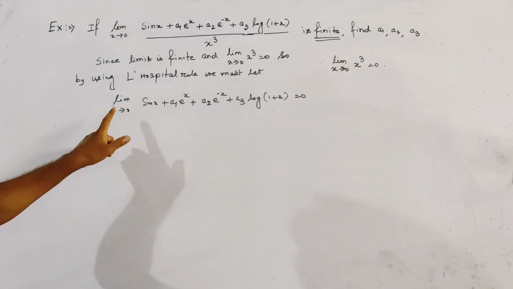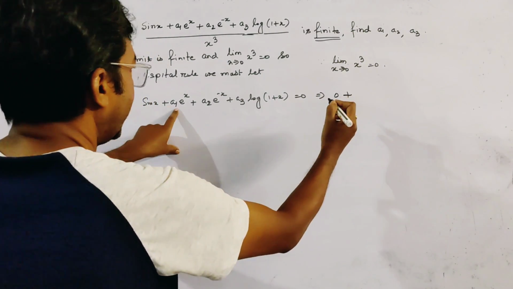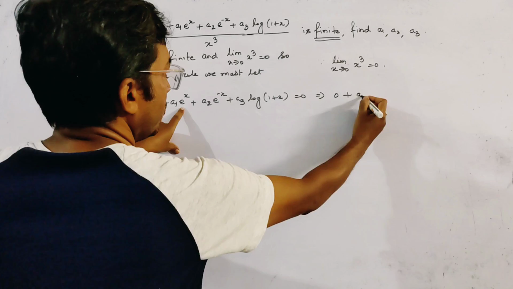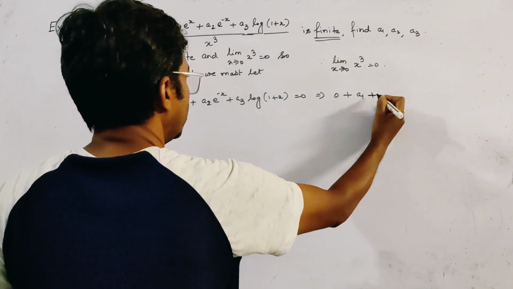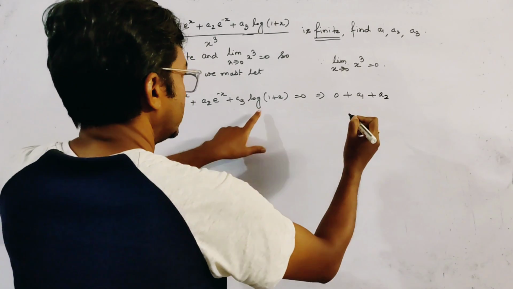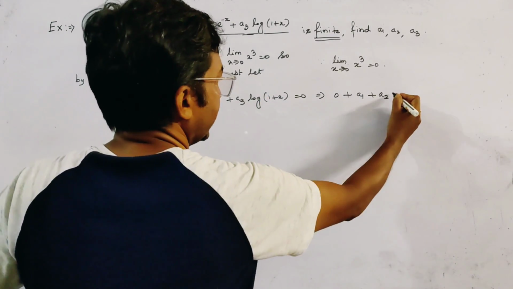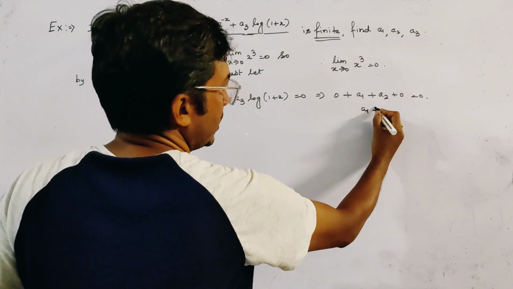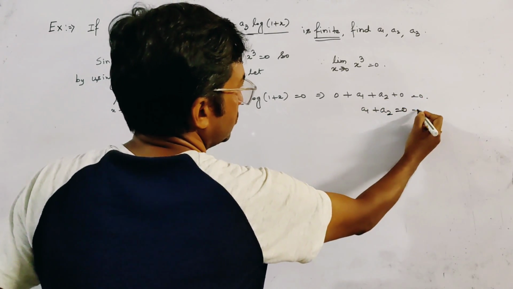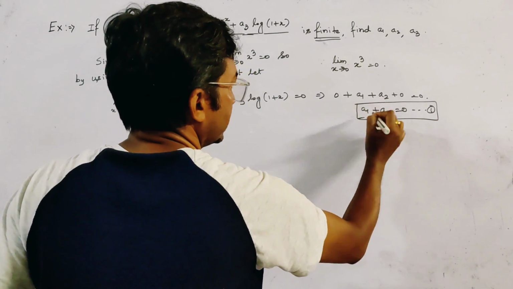This limit is 0 plus a1 e^0, that is a1, plus a2 e^(-0), that is a2, plus log(1 + 0), that is log 1, which is 0. So this equals 0, and we get the first relation: a1 + a2 = 0. We name this relation number 1.